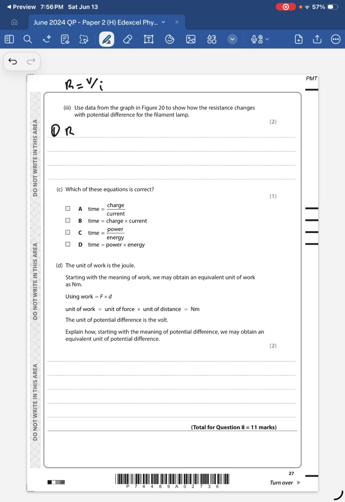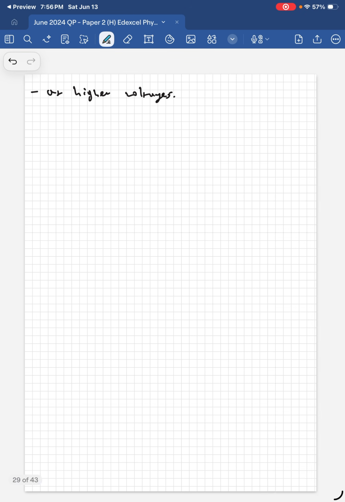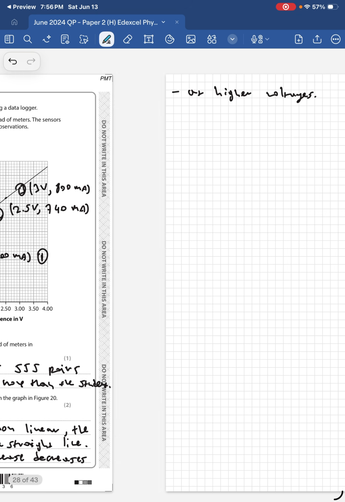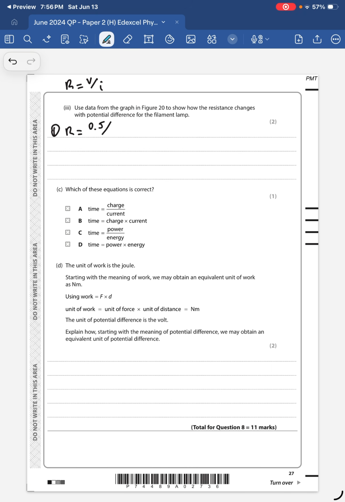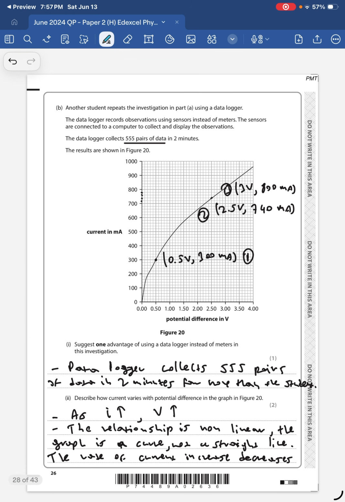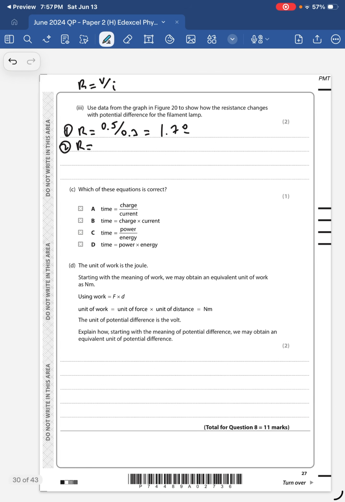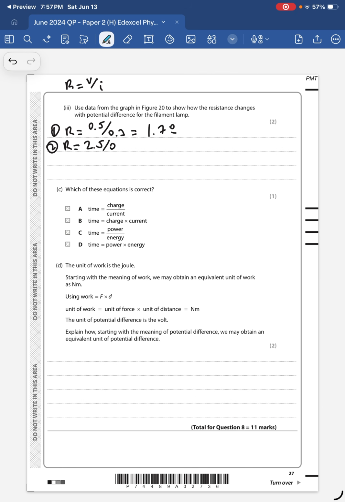Okay, so for 1, the resistance is half a volt over 300 milliamps. Let's name it 0.3 amps. So the resistance there is 1.7 ohms. Then at point 2 the resistance is 2.5 over 0.74, we get 3.4 ohms.